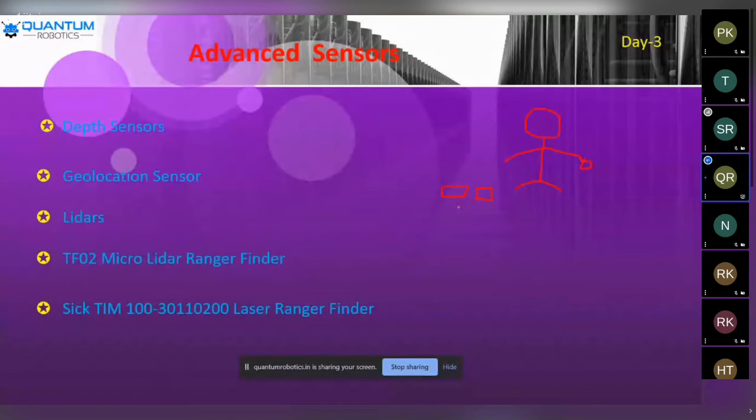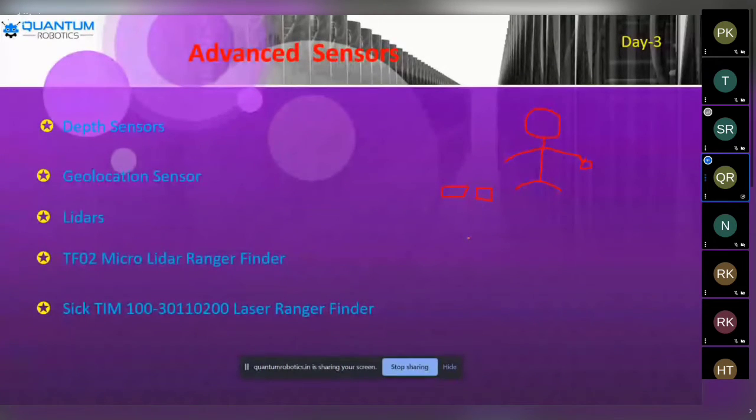If the object is over here, how can it know that it is an object? It releases ultrasonic sound waves within a certain distance. The ranging we set for that sensor is by the potentiometer, or else in the coding.